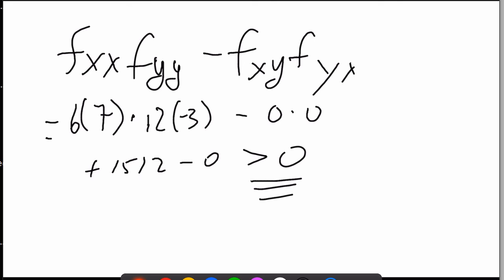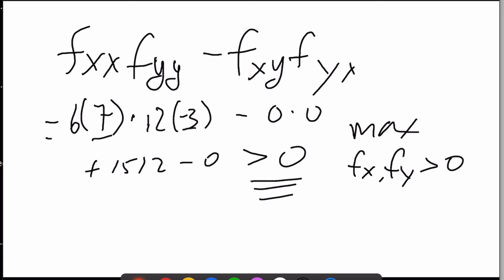So if we go back and we look, we can find a max because both those things are greater than 0 at these points at 7 and 3, and fxx fyy minus fxy fyx is greater than 0, and poof.